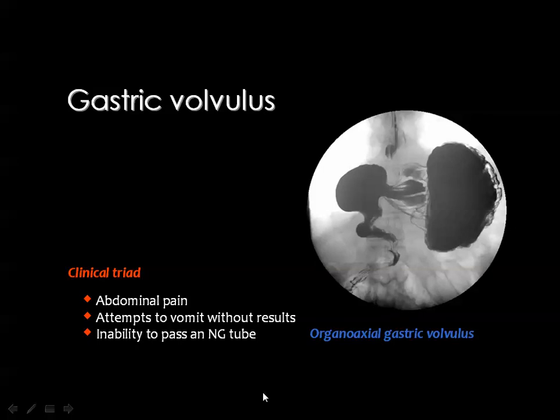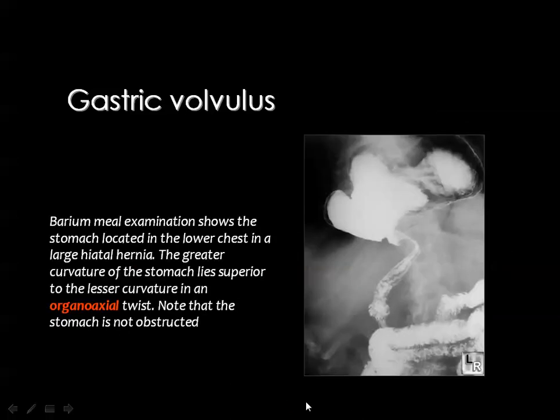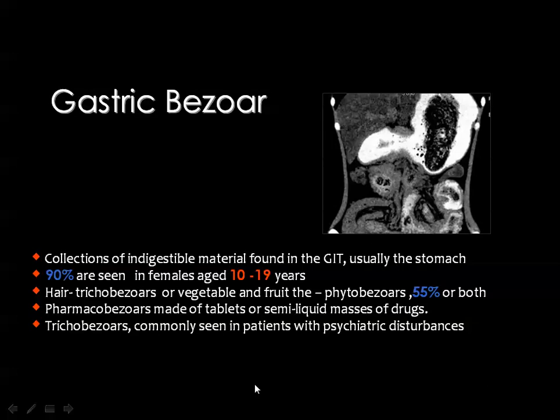These are the symptoms: abdominal pain, vomiting, and inability to pass the nasogastric tube in some cases. And this is organoaxial gastric volvulus as well. This is also organoaxial gastric volvulus, where you can see that the greater curvature of the stomach is facing up.